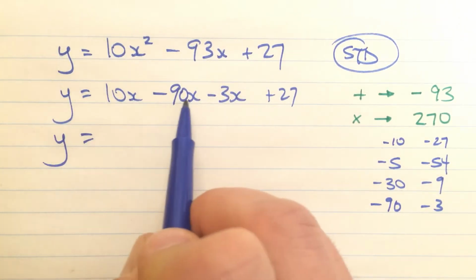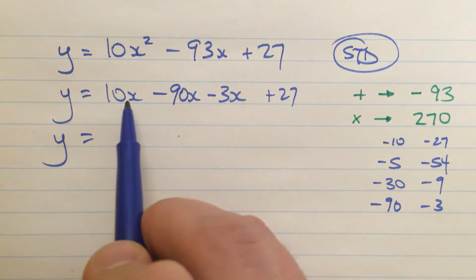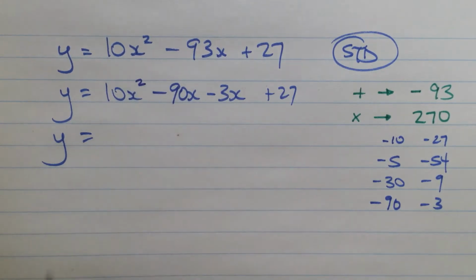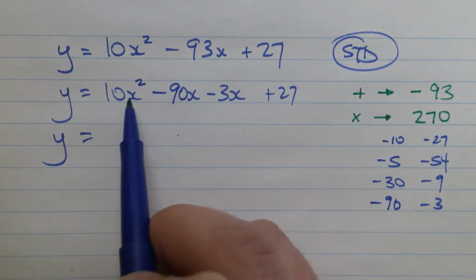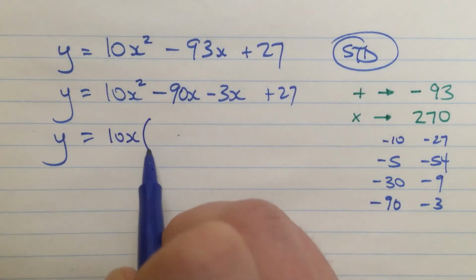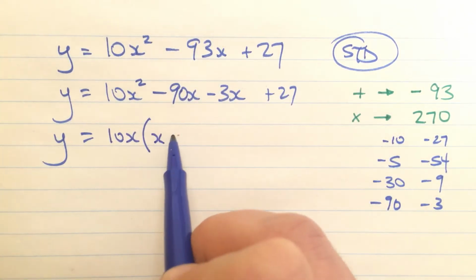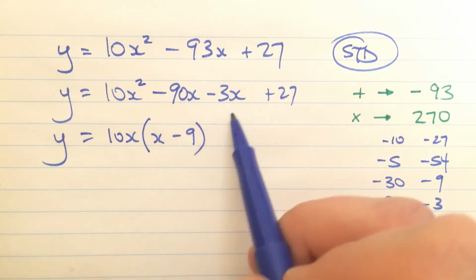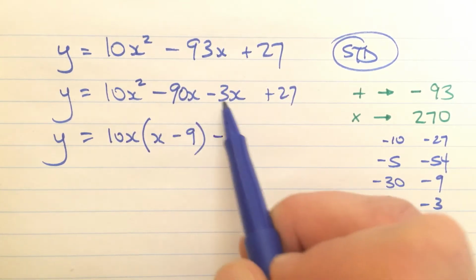And now I can factor the first pair. Let's see, I can get a 10 out of both of them. Oh, and I'm sorry, I lost my x squared. I can get a 10 out of both of them, and I can get an x out of both of them. So 10x times, that leaves me with an x here, and a minus 9 there. And now, hey, I know I want an x right here, so I'm going to just factor out that minus 3.